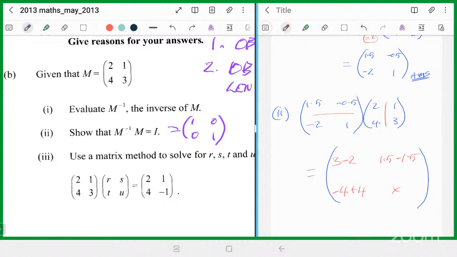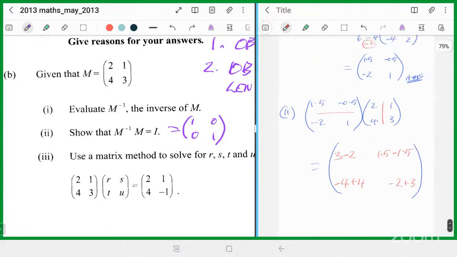The last value is in the second row, second column. Multiply the second row by the second column: negative 2 times 1 is negative 2, and 1 times 3 is positive 3.